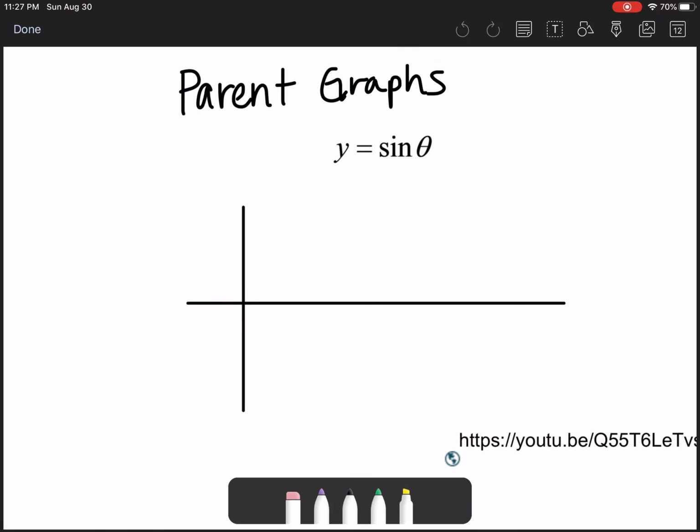So starting with 0, 0, we're going to just focus on labeling our axes, okay, our main points. So we would have pi over 2, pi, 3 pi over 2, and 2 pi. So we're going to go one time around the circle here, and we know the greatest that sine can be is 1. The least is -1.